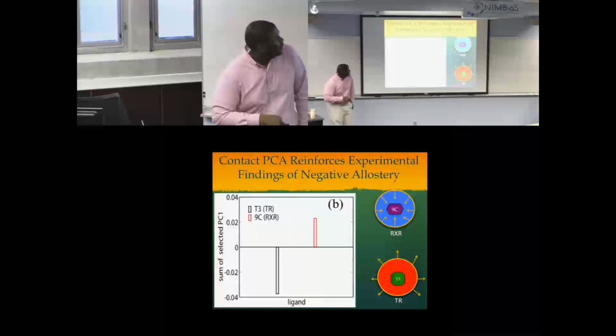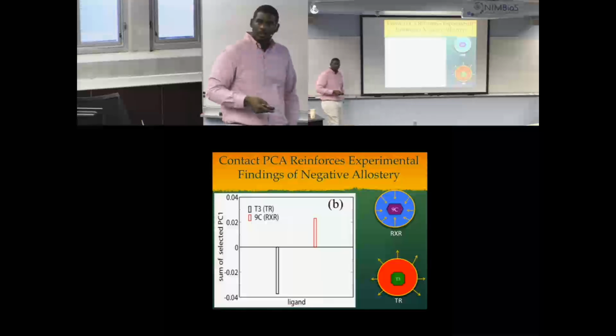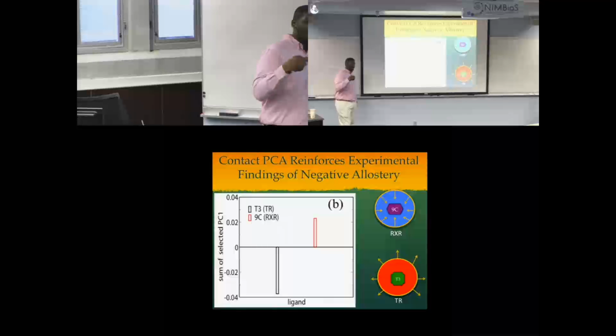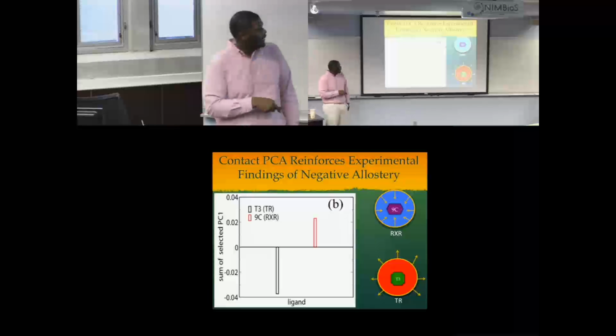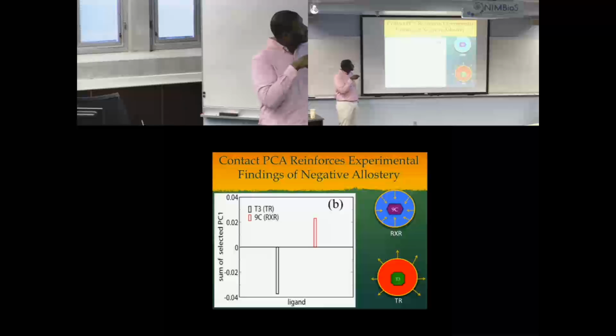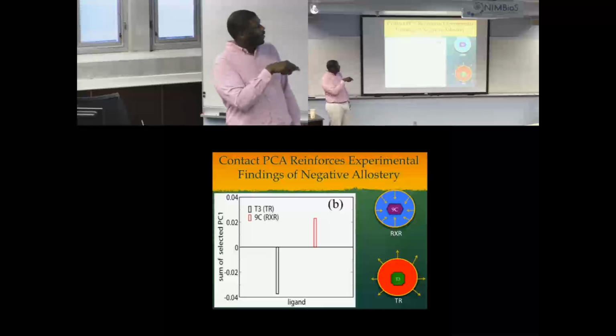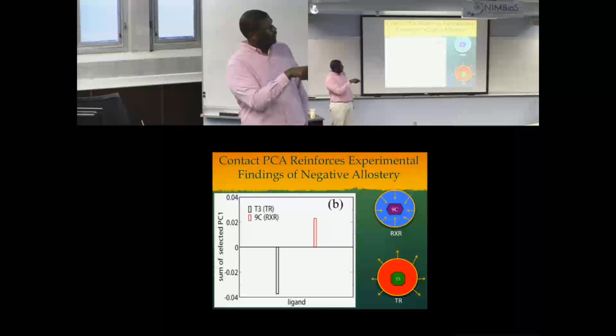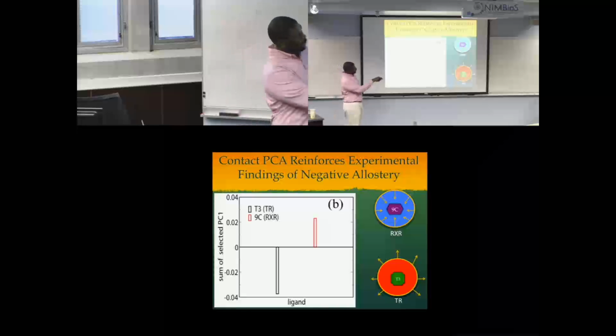Also, what we did is we took a sum of all the PC contributions of just the binding pocket with the ligand. So when the ligand forms contacts with the binding pocket, what we saw is an anti-correlated relationship between the 9C and the TR, or the T3 ligands. So this is RXR's ligand showing a positive, which means the contacts are forming.